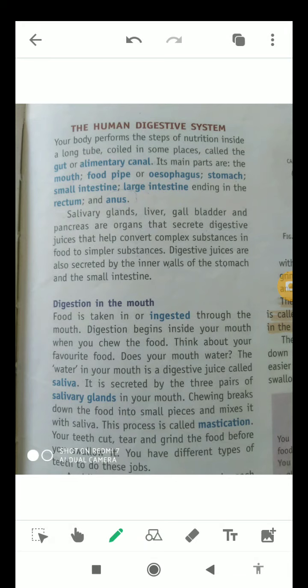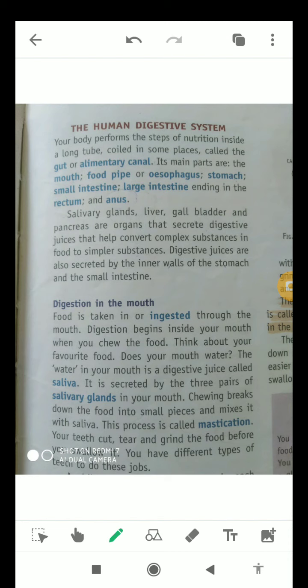Its main parts are the mouth, which is the first part, the food pipe, also known as the esophagus, the stomach, the small intestine, the large intestine, and the ending parts, rectum and anus. Rectum and anus are used for removing the wastes produced in the body.